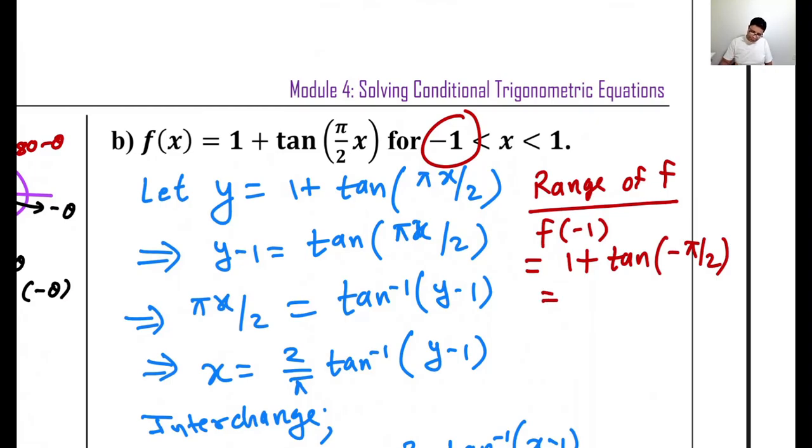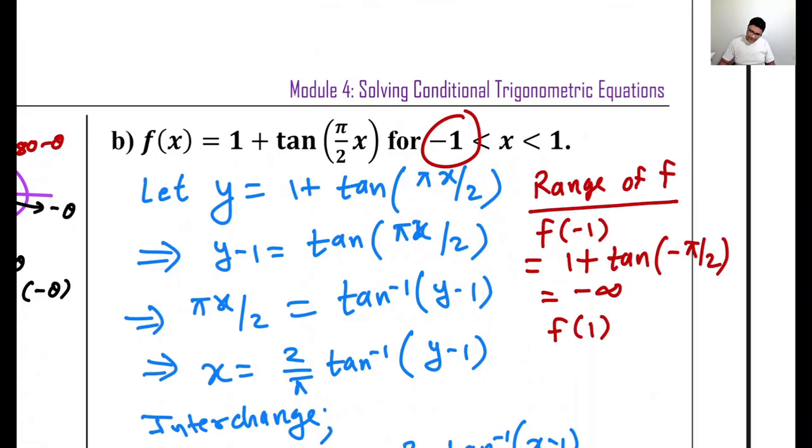Which is basically, if you are approaching from the right, because you are between minus 1 and 1, you want to approach from the right, because minus 1 is the left endpoint. So if you are going from the right, at minus pi over 2, you are going to negative infinity. Think of the graph of tangent, it will make sense to you.